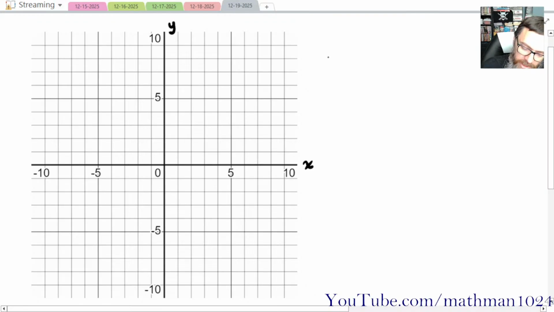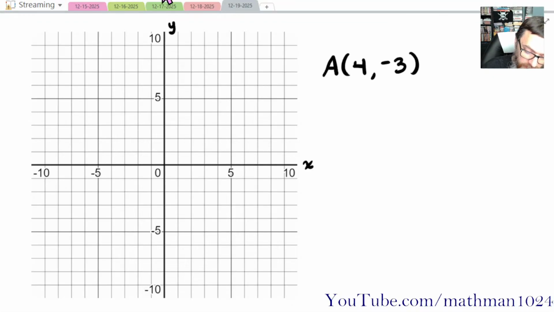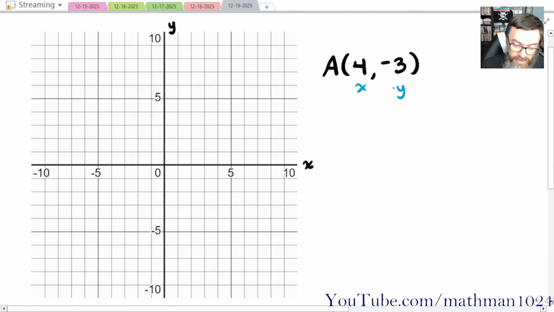When we talk about plotting ordered pairs, like if I have the point A that is 4, -3, just remember that it always goes in the order x and then y, which means point A is going to be 4 units in the x direction and 3 units in the y direction. So going to the right 4, going down 3, and this is going to be the ordered pair for that.